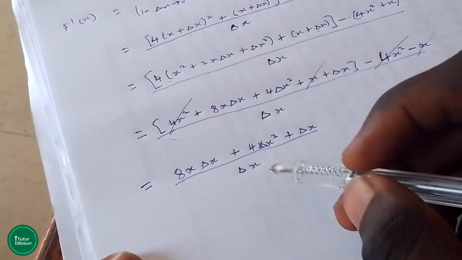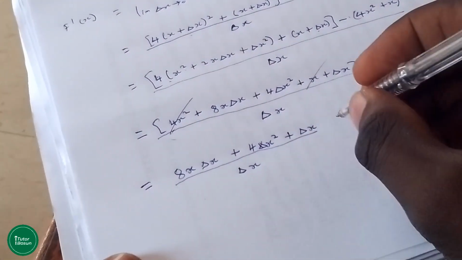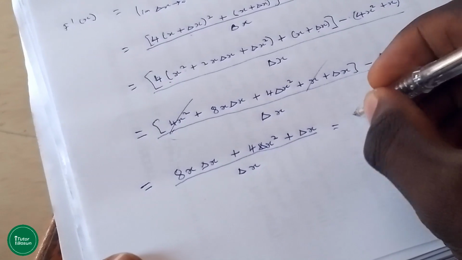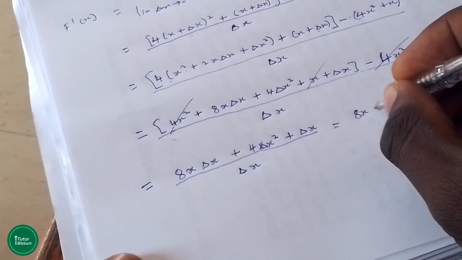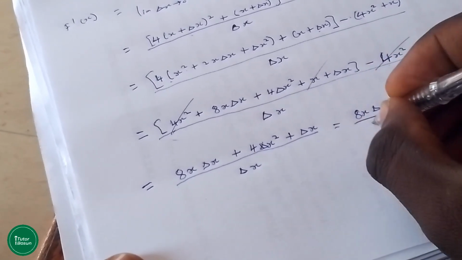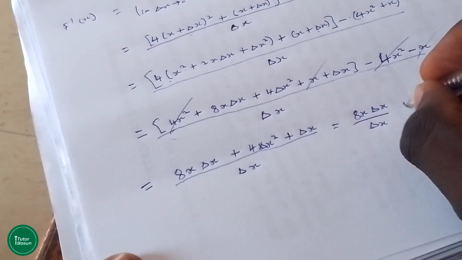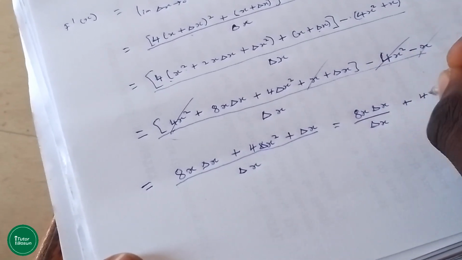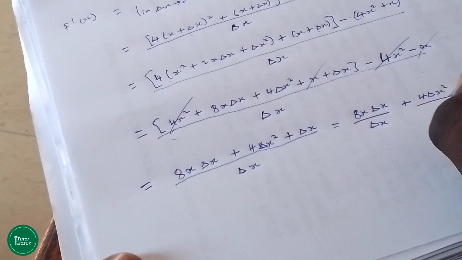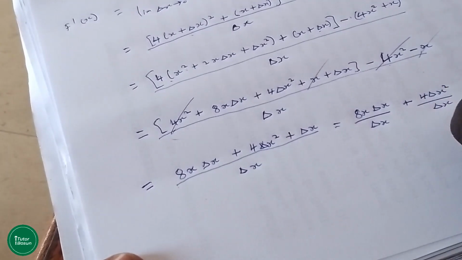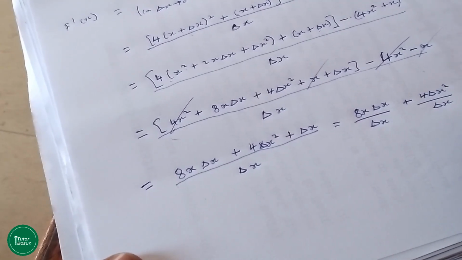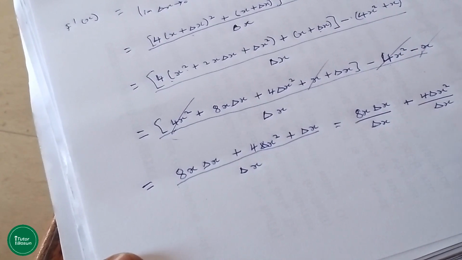And the next thing is to distribute delta x to each term of the numerator, and that becomes 8x delta x over delta x plus 4 delta x squared all over delta x plus delta x over delta x.